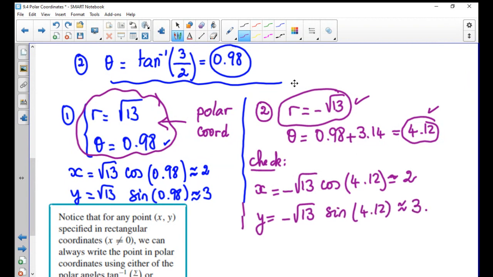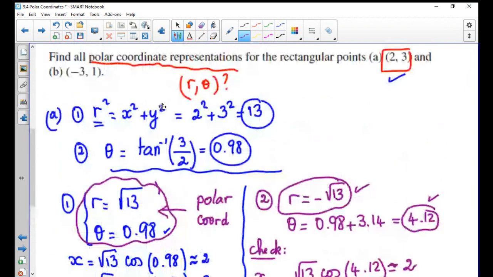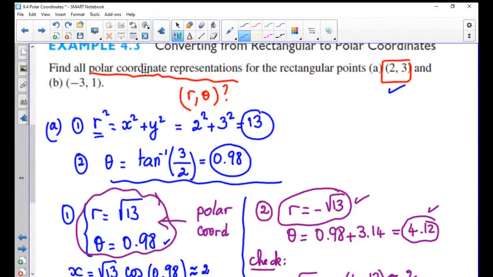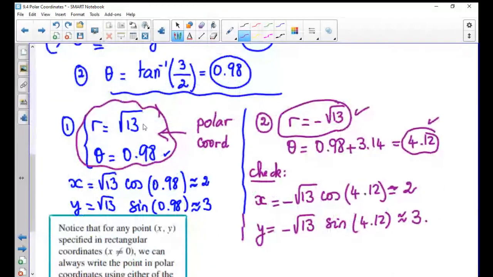So I found two polar coordinate representations. I can find many more if we want by adding pi, 2 pi. I could take 0.98 plus 2 pi.